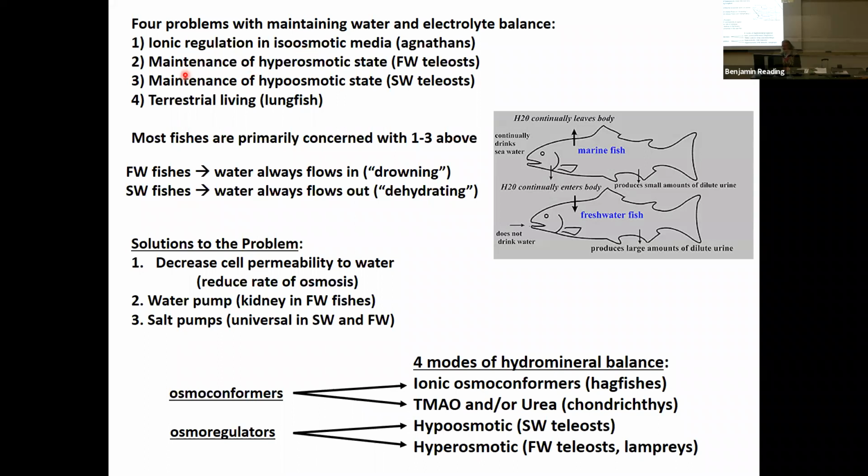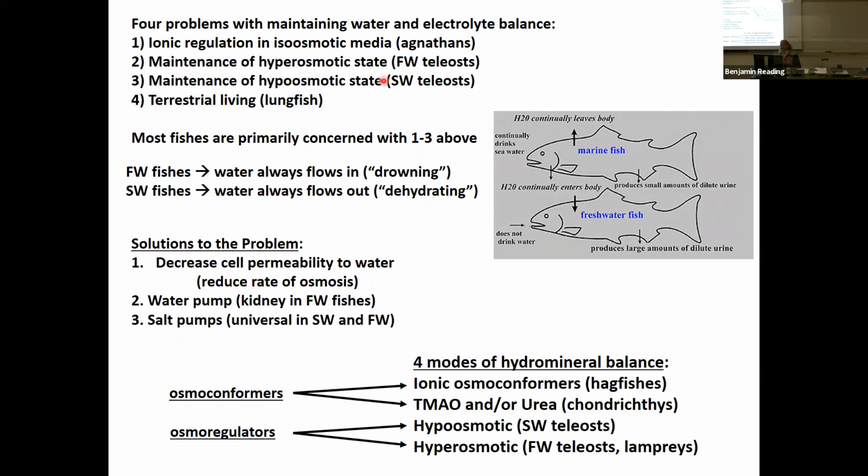Then you have what's called freshwater fishes maintaining a hyperosmotic state. This means that the blood plasma of a freshwater fish has a higher salt content than the water around it. Then there is maintenance of a hypoosmotic state. This is saltwater fish.